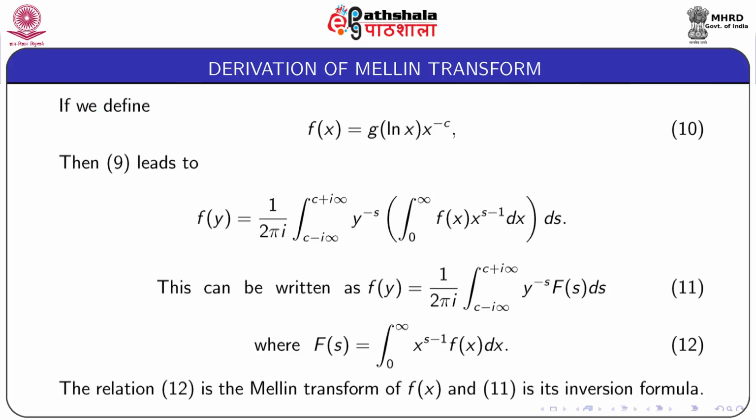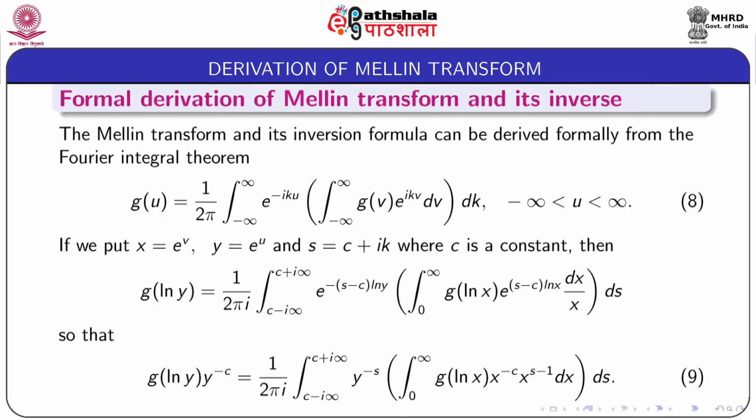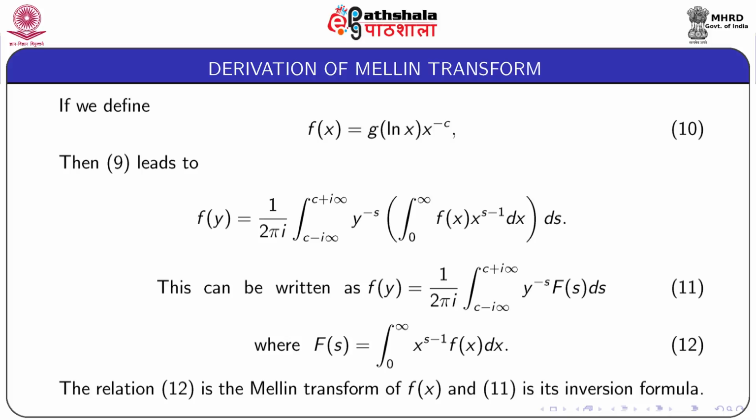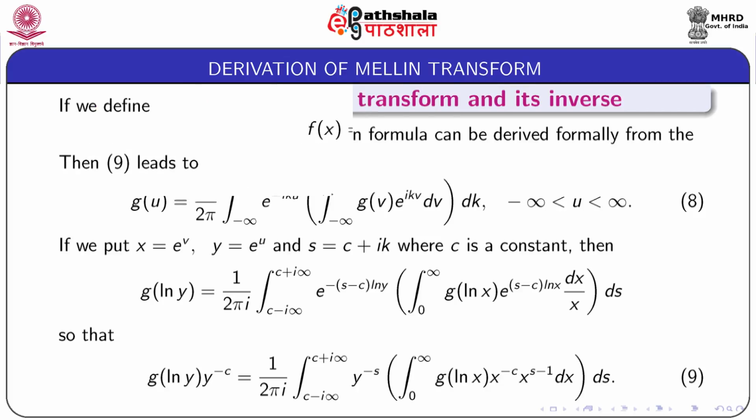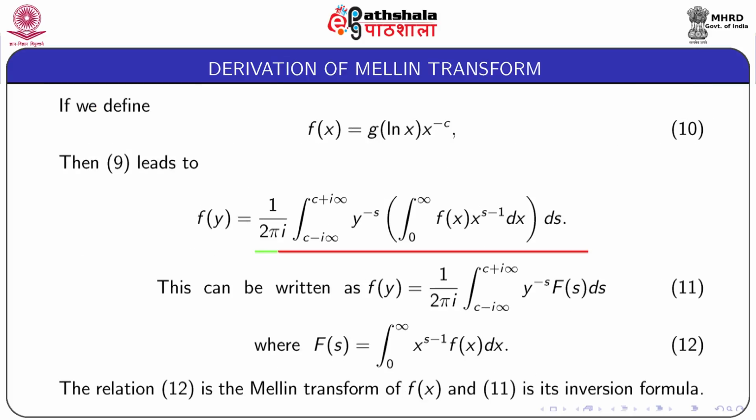Now, we define small f(x) equal to g(log x) into x to the power minus c, as defined in equation 10. So, with this definition we can write equation 9 as: the left hand side is then f(y) and the right hand side becomes 1 by 2 pi i integral c minus i infinity to c plus i infinity y to the power minus s into integral 0 to infinity f(x) x to the power s minus 1 dx ds.